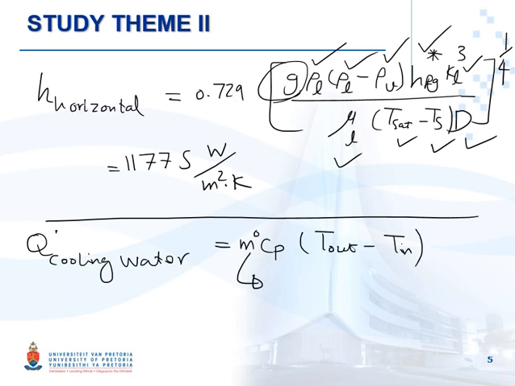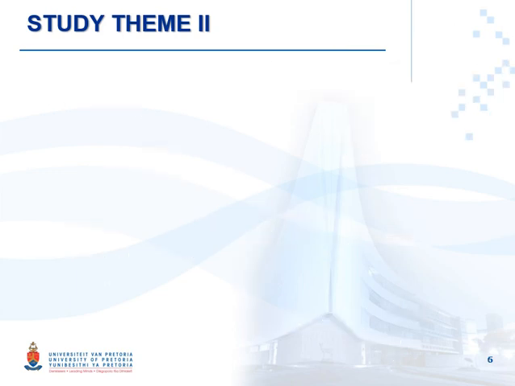The m dot of the cooling water we can find: m dot water is equal to rho times velocity times A_c. Okay, so it looks very simple. So let's find it.